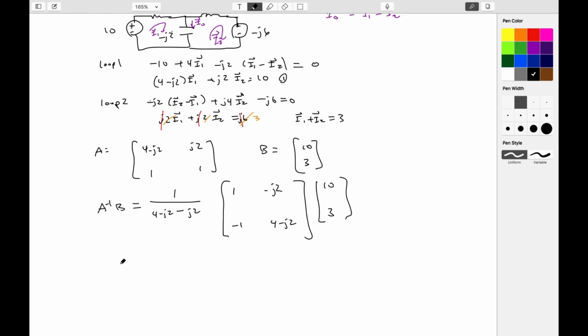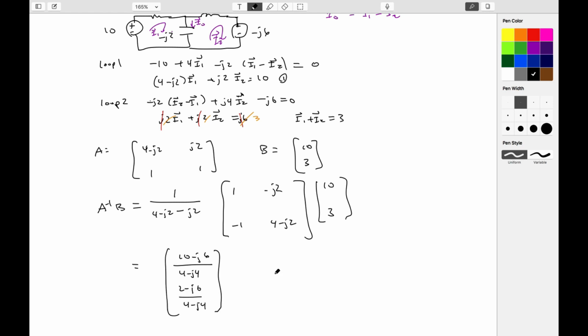All right, so this is going to equal 10 minus j6 over 4 minus j4, and 2 minus j6 over 4 minus j4.